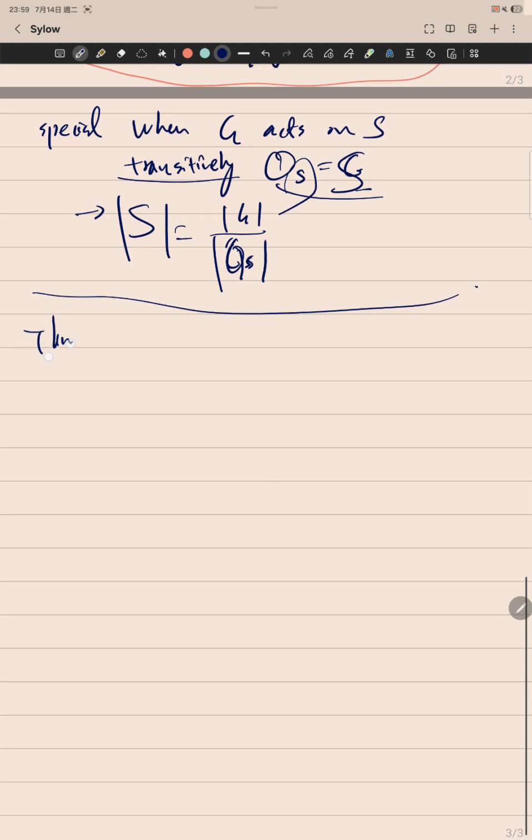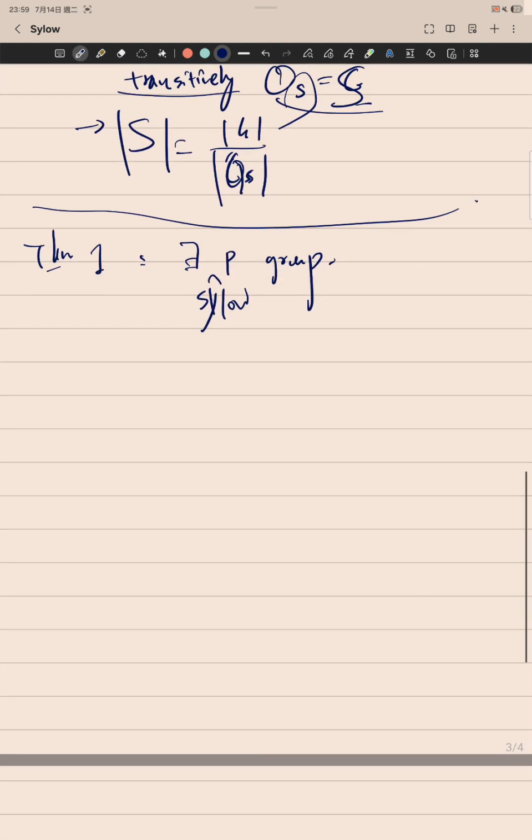Okay, so theorem 1 says that there exists a Sylow p-subgroup. Actually, there are various proofs, but there's a quite interesting one. We borrow a number theory fact; to prove this, you just need elementary number theory.